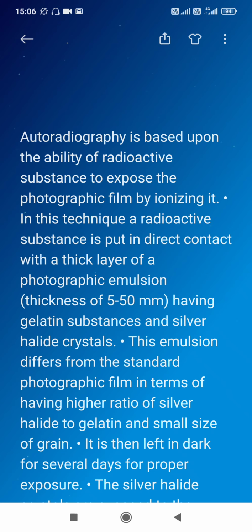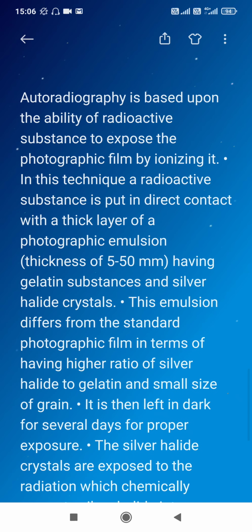So if you use a radioactively labeled probe and an autoradiographic film, which is a photographic film, the radioactive substance, if present, will ionize it as it exposes the film, because they continuously emit beta particles, alpha particles, right?